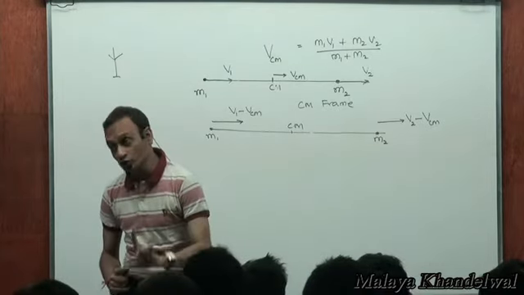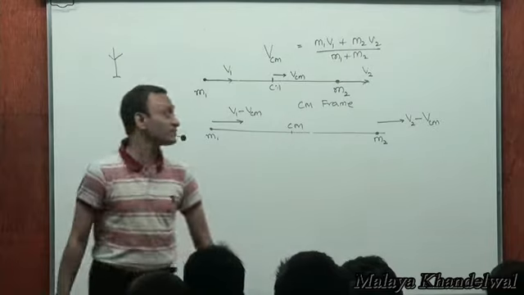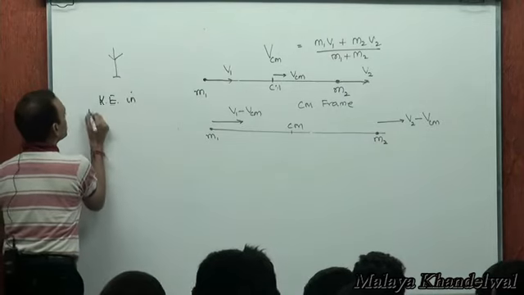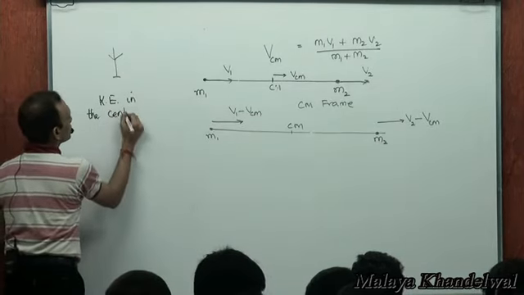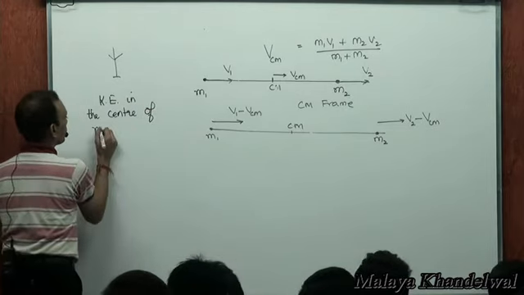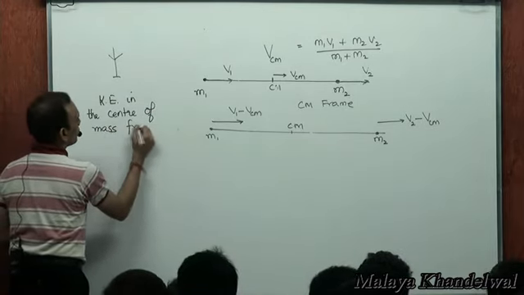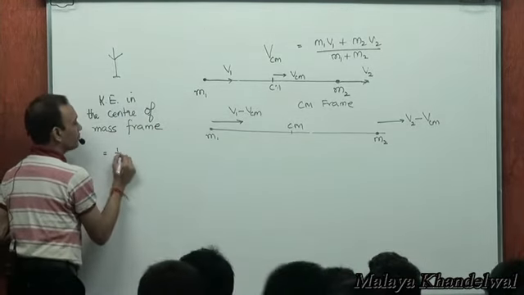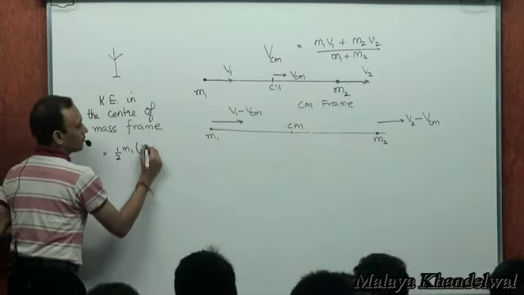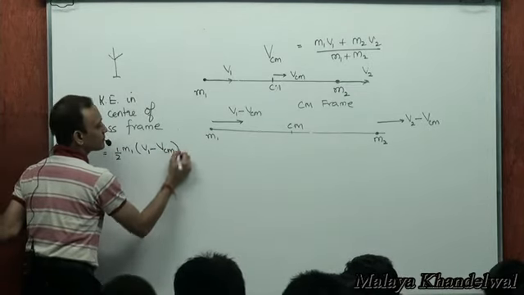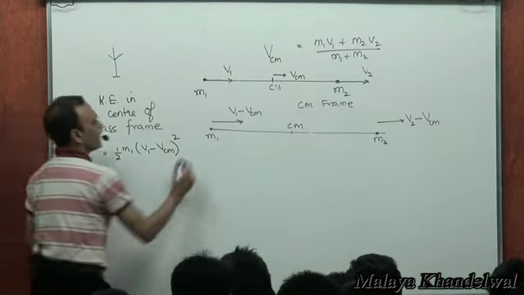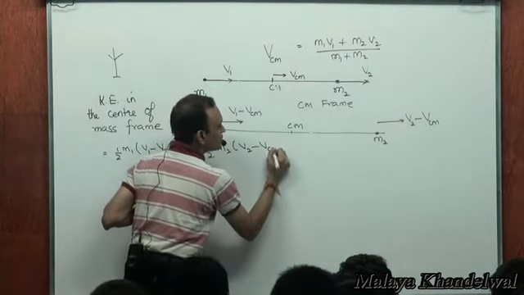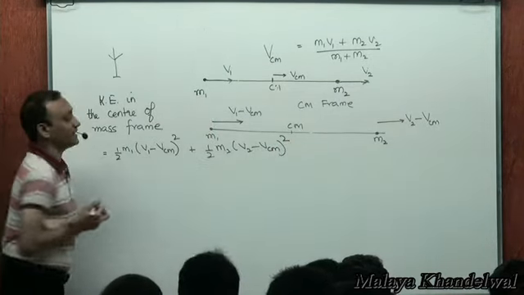The kinetic energy in the center of mass frame is going to be half m1 (v1 minus vcm) whole squared plus half m2 (v2 minus vcm) whole squared.